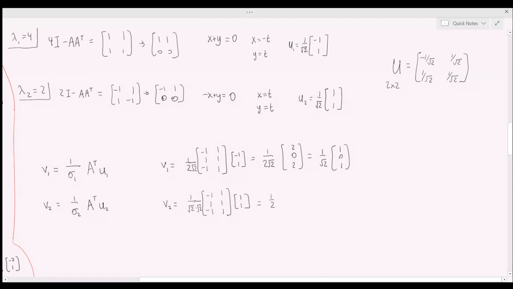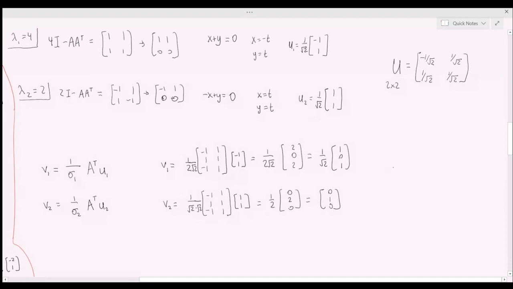So that's going to be 1/2 here. And then this would be negative 1 plus 1 is 0, 1 plus 1 is 2, and then negative 1 plus 1 is 0. So that's going to be (0, 1, 0). Okay?